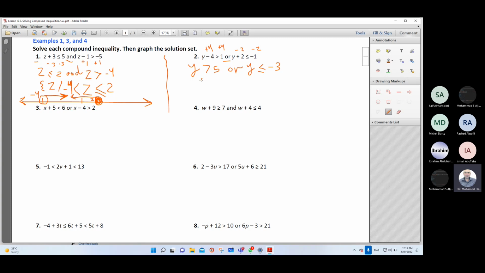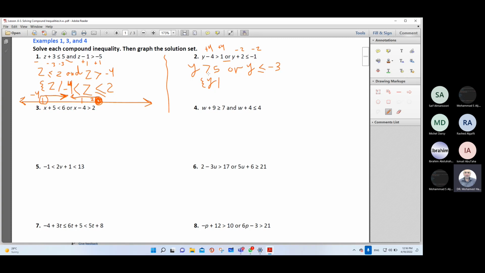Then the set of the solution, the variable here y: as you see, we have two solutions, but we don't know which is the correct one. We have two, so we use "or", because suppose the first one is correct or suppose the second one is correct. As you see here, y greater than 5 and y less than or equal to minus 3.